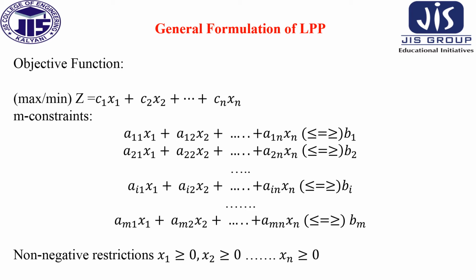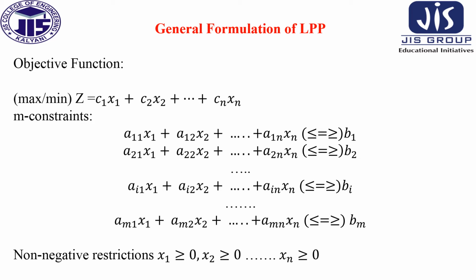Okay, so these will be the m constraints, where a11, a12, dot, a1n, a21, a22, a2n, am1, am2, amn are the coefficients of the decision variables. And c1, c2, c3, dot up to cn are also the coefficients of the decision variables in the objective function.